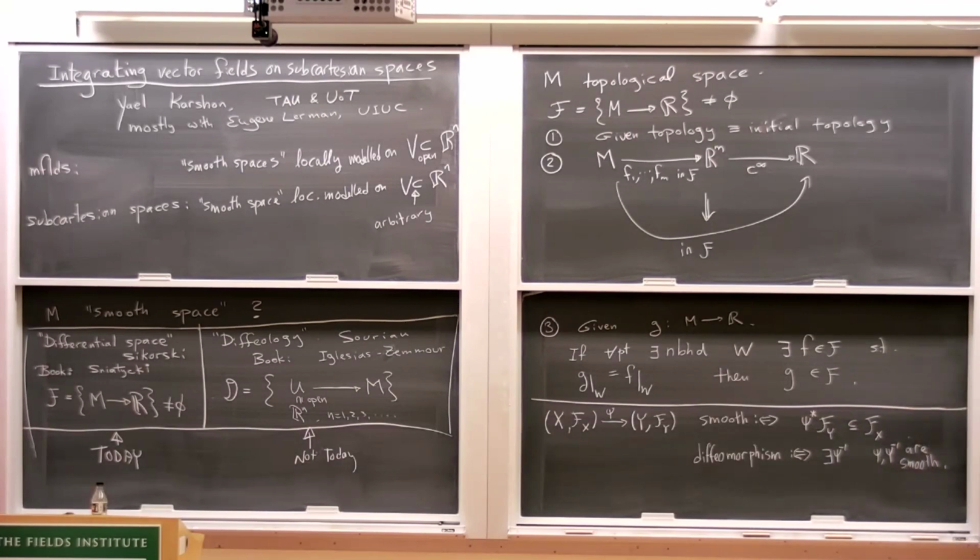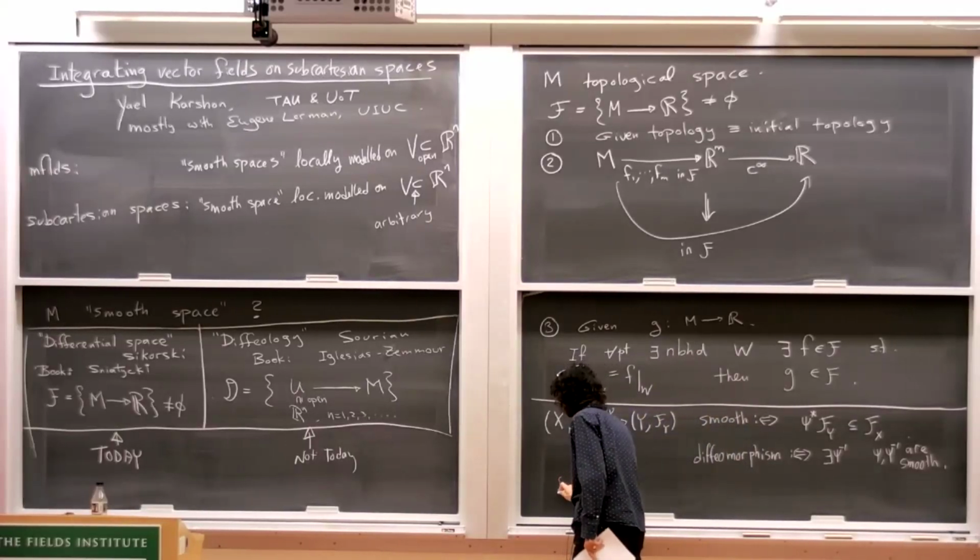Of course, every smooth manifold has a natural differential structure. In particular, Rn has a natural differential structure. And just very quickly, let me note here that when I say real valued smooth function, this is not ambiguous.